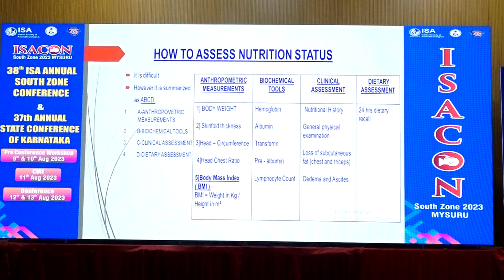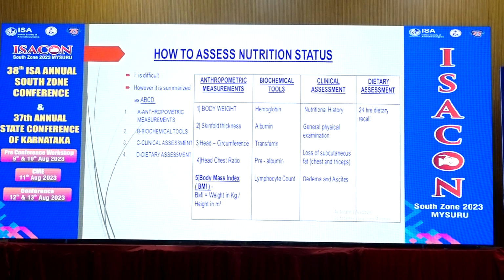How to assess nutrition status in this? It is very difficult, but it may be summarized as ABCD, as the table shows: anthropometric measurements, biochemical tools, clinical assessment, and dietary assessment. In anthropometric measurements: body weight, skin fold thickness, head circumference, head-chest ratio, and BMI.